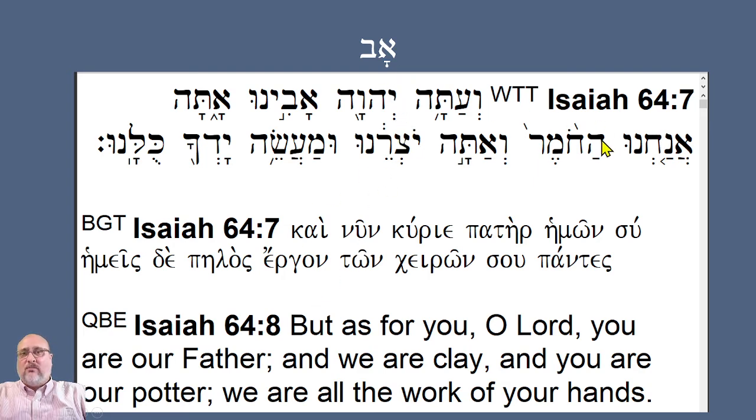This is a great passage to work through. The previous couple of verses, the context is all our righteous acts are like filthy rags.